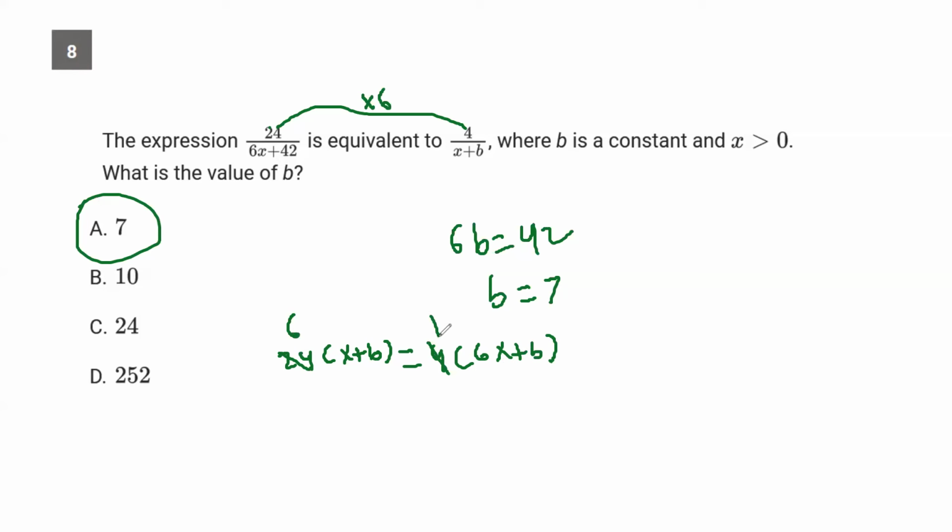You don't need to do this. It's just something that I enjoy doing. And then you would get 6x plus 6b equals, oh, see, we all make mistakes here. Equals, this was 42, not b. Otherwise, we wouldn't be able to solve it.